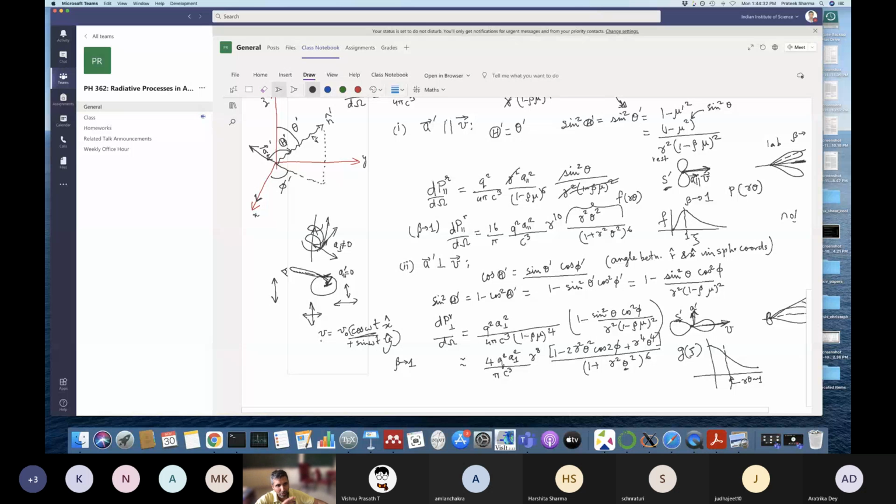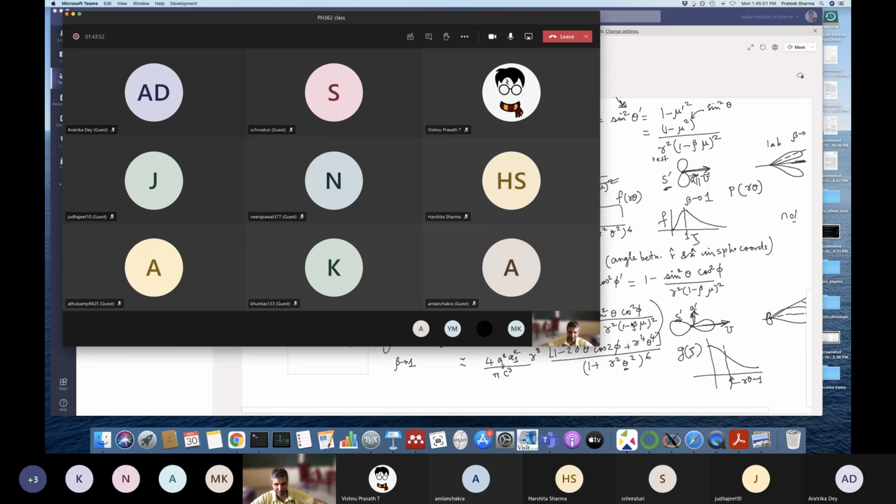Now we have built up all the tools that we need for understanding various radiation mechanisms, starting from free emission to synchrotron emission to Compton scattering and whatnot. So this is a midway point in the course. I encourage you to brush up the first 4 chapters, because we'll need all of this later on when we do applications.